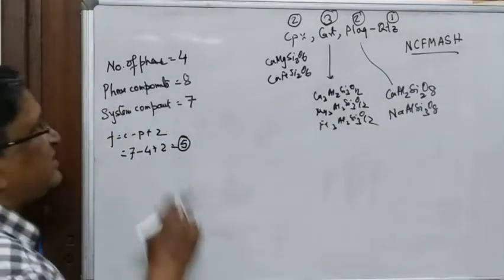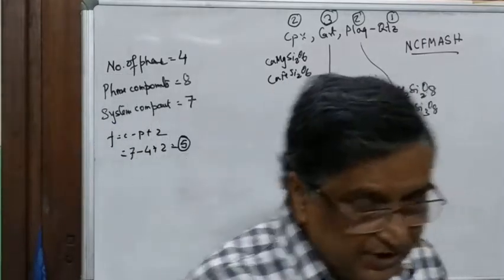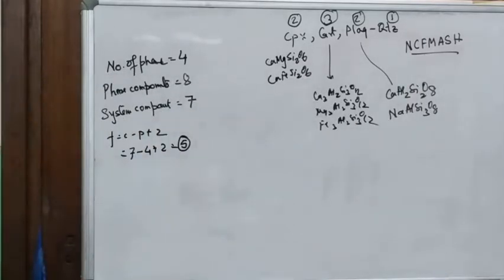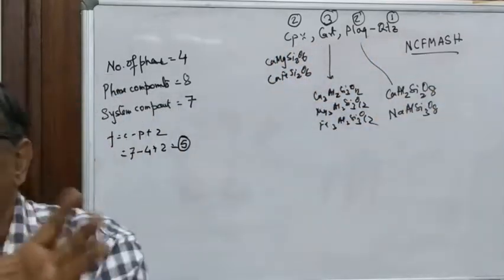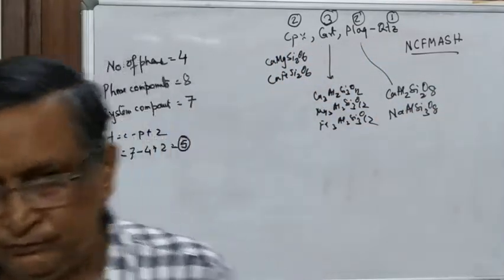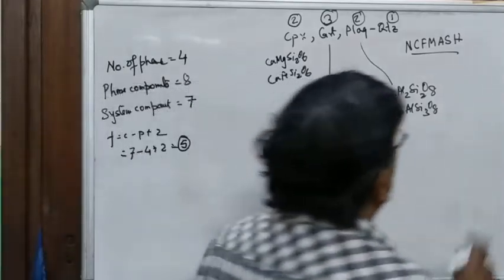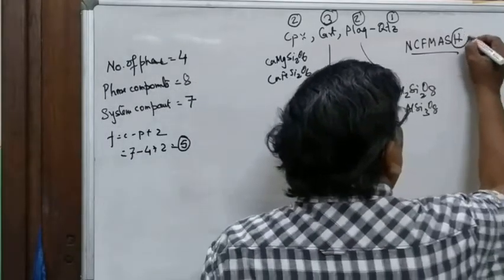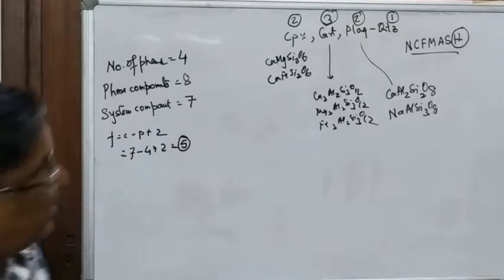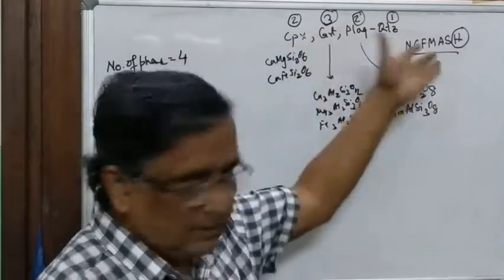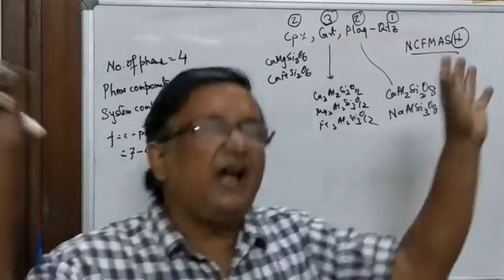Now when I write H, you see here there is a problem. None of the minerals take structural water. So I don't know where this comes from. I can't describe it because there is nothing here, but I take it.